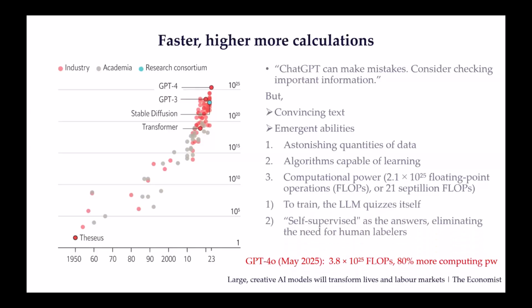If you see the bottom line, the computational power is 80% more in GPT-4o compared to GPT-4. If you see the chart on the left-hand side, GPT-4 is retired already. I gathered this information last year, I think 2023, two years ago, and GPT-4 is retired already.